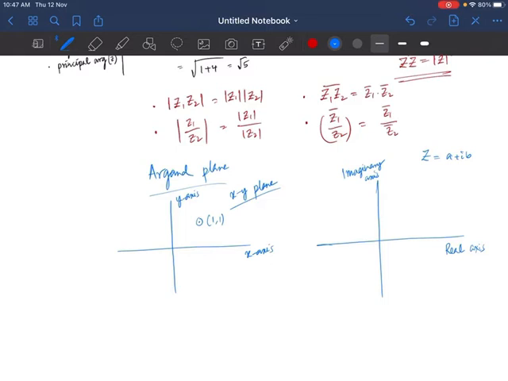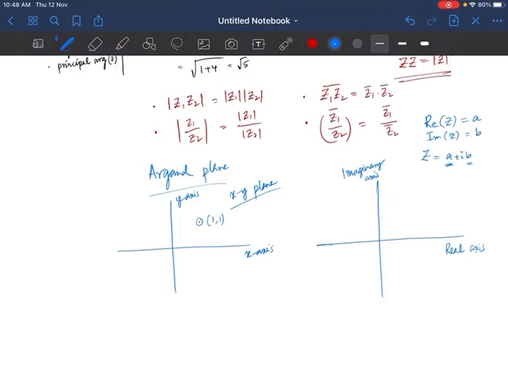This a signifies the real part, and this b, just the b, not ib, signifies the imaginary part. So Re(z) is equal to a, and Im(z) is equal to b, not ib. So the imaginary part is b.